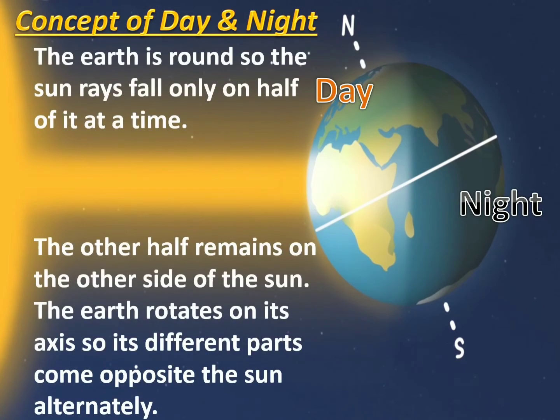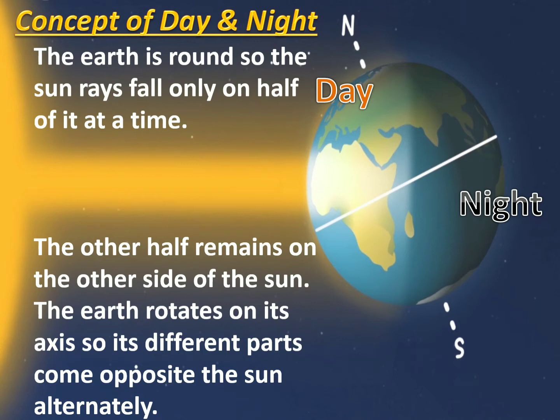Students, you know, when it's day in India, it's night in the USA. Why so? I will tell you. The Earth is round, so the sun rays fall on only half of it at a time.